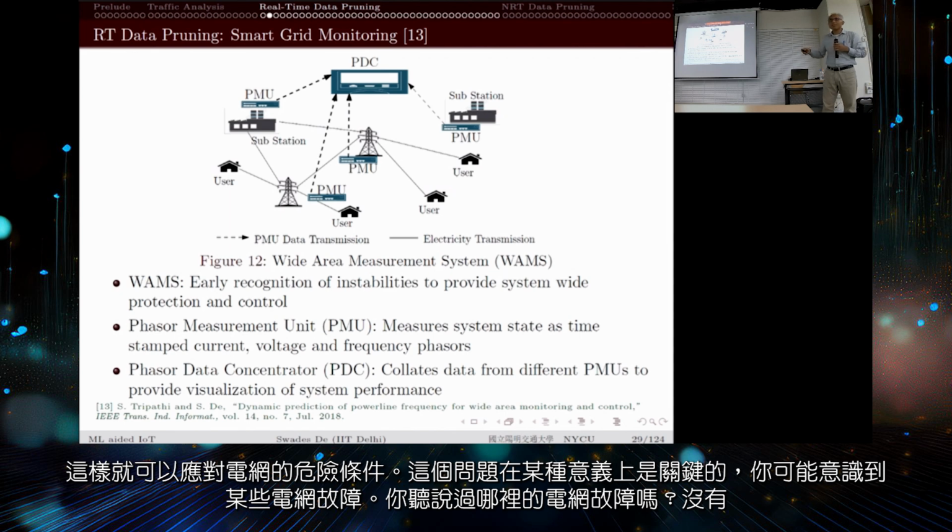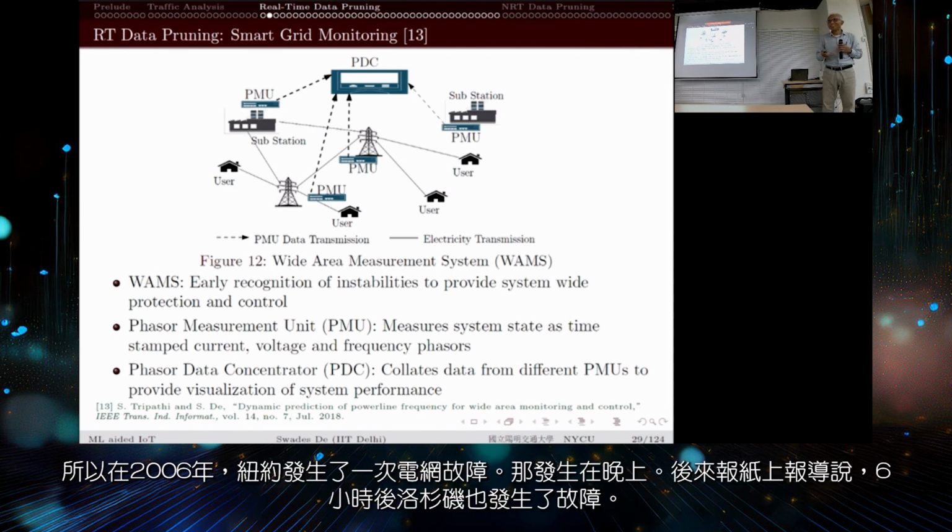This problem is critical in the sense that you might be aware of certain grid failures. Have you heard of grid failures anywhere? No? In 2006 there was a grid failure in New York in the evening, and later it came in the newspaper that 6 hours later there was some failure in Los Angeles.